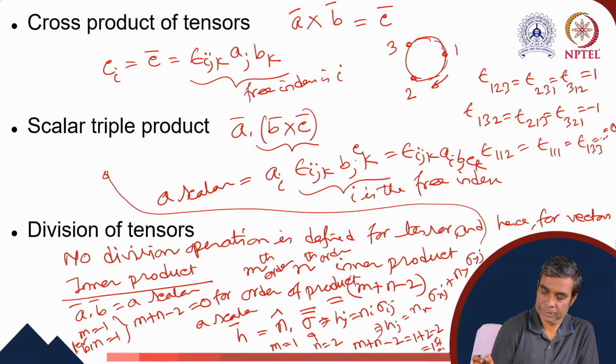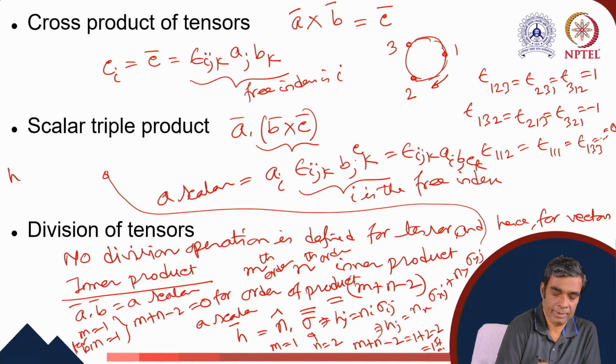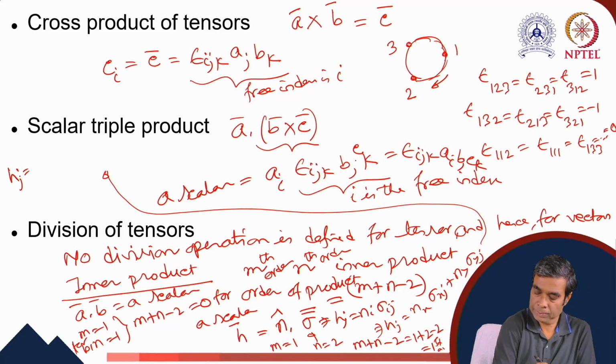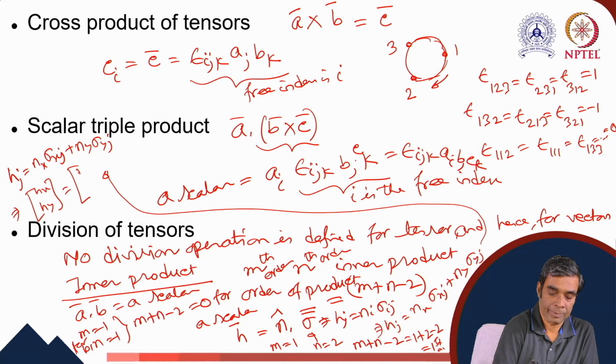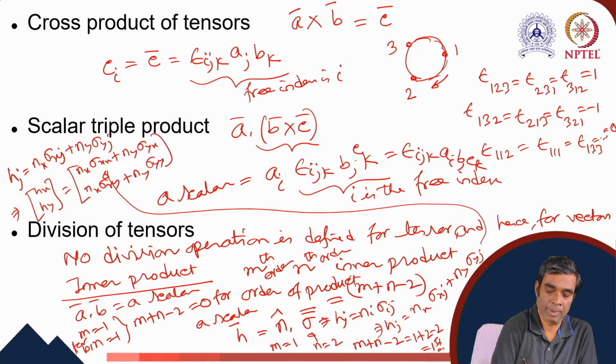This gives us, in two dimensions, hx and hy, as hx equals nx into sigma xx plus ny into sigma yx. And the second component hy is nx sigma xy plus ny sigma yy.